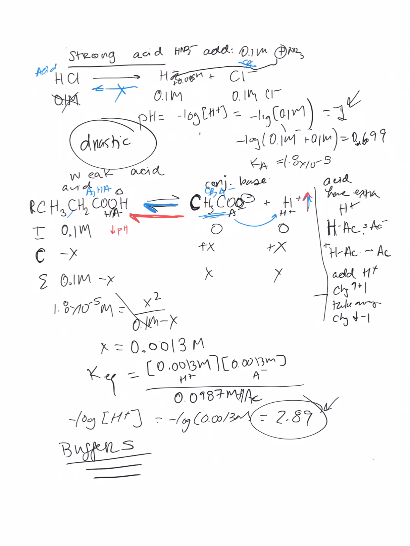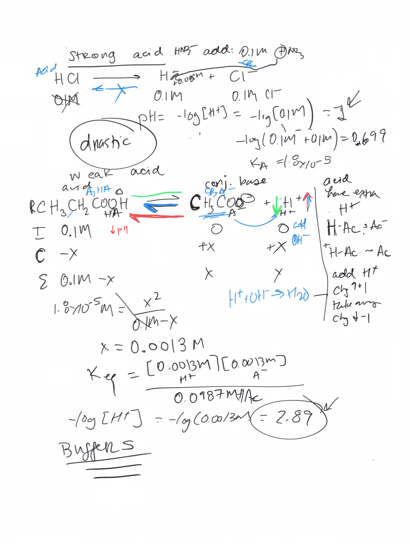Similarly, if we were to add OH minus, so let's say we were to add sodium hydroxide, the effect of that is H plus and OH minus go to form water. So the effect would be we would be reducing the amount of H plus.